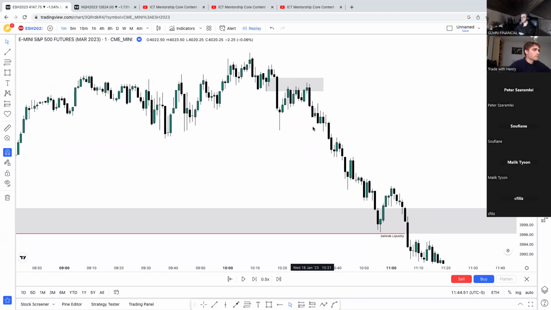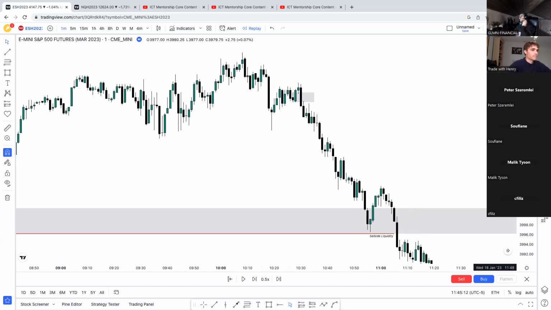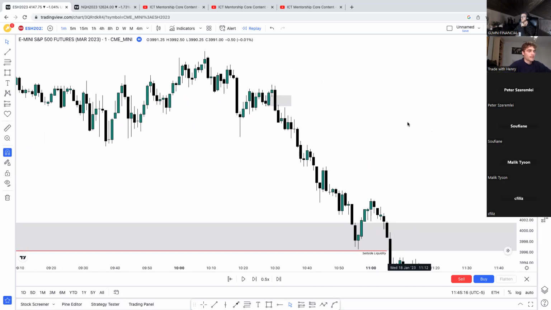Let me see if I can find another. There's another. Our high, low, higher high. We trade through it, tag it. There's your sell, stop above here, and we trade lower. So we'll see them form again and again.